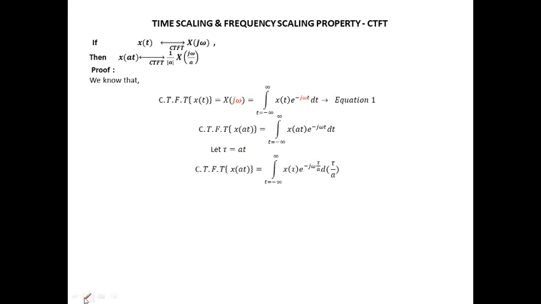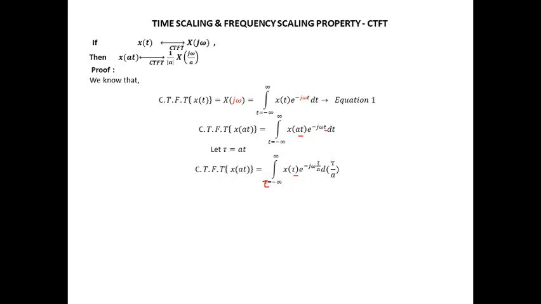So when you replace the variable of integration, automatically instead of at you will be having here tau, and instead of t, automatically t will be tau by a. So tau by a, d of tau by a, right? We know very well that t is a variable, a is a constant, so tau also will be a variable.